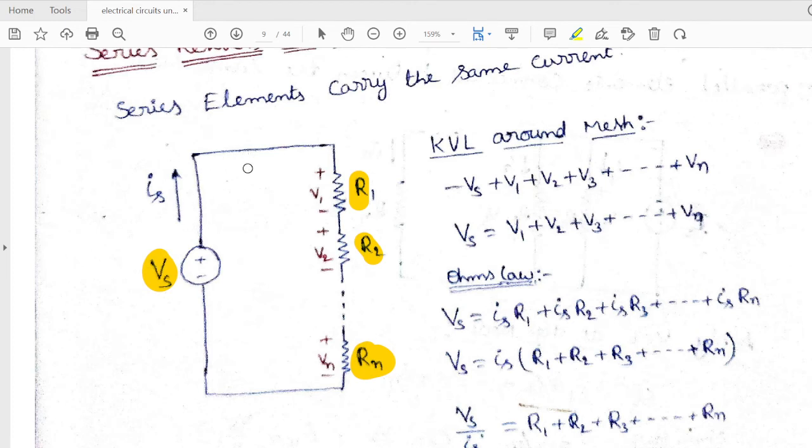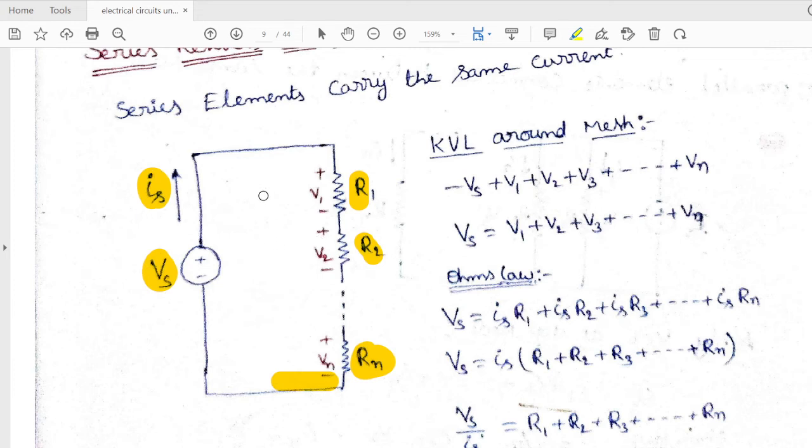The current coming out of the source must flow through all these elements, because it has only one path. It has to flow through R1, R2 and so on up to Rn, and again complete its path like this. So all these elements are connected in series, so they are carrying the same current Is.